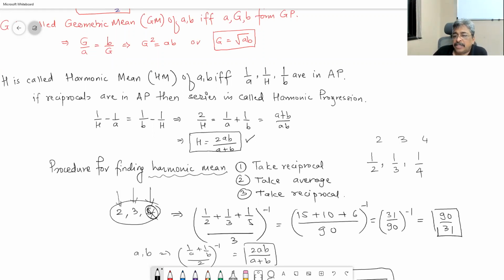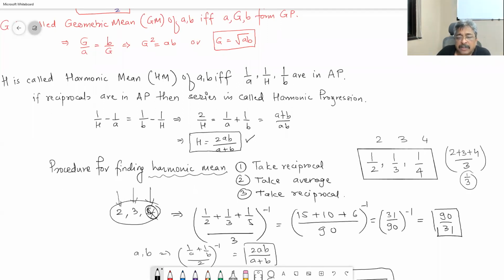So this is the correct example, but the procedure is simple: you take the reciprocals first, add them, 2 plus 3 plus 4, take the average, and then take the reciprocal. So 1 by 3 is your harmonic mean.